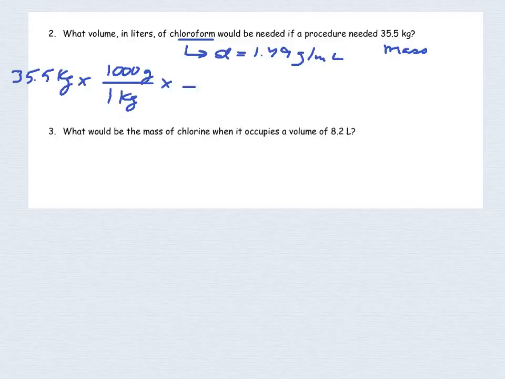My density can be arranged, like all conversion factors, one of two ways. The number on the top, number on the bottom. I'm going to write the grams on the bottom, so I'm going to say 1.49 grams is the equivalent to 1 milliliter for chloroform. So 35.5 multiplied by 1,000 divided by 1.49.